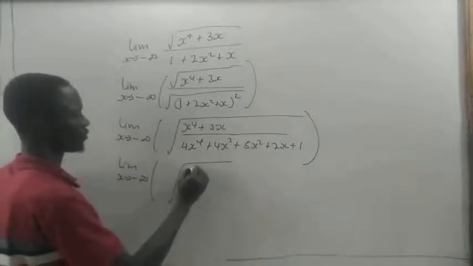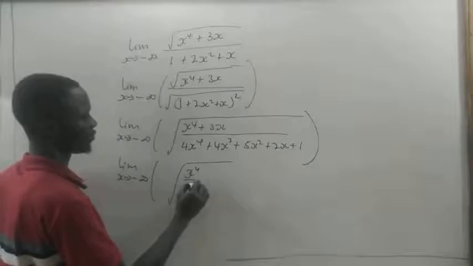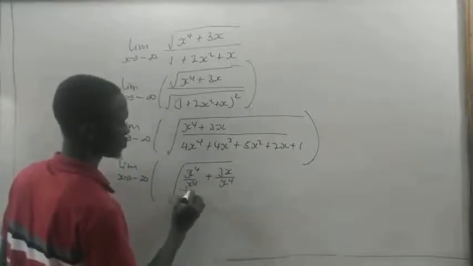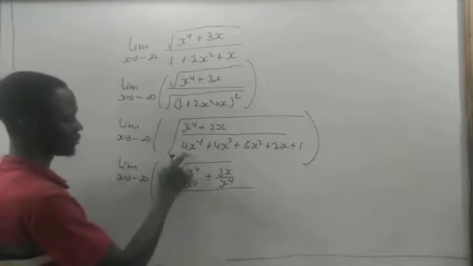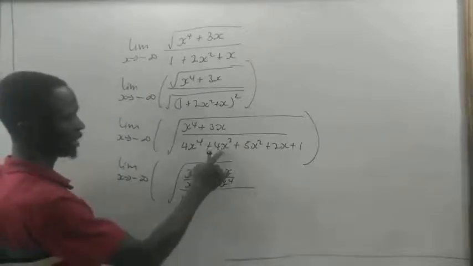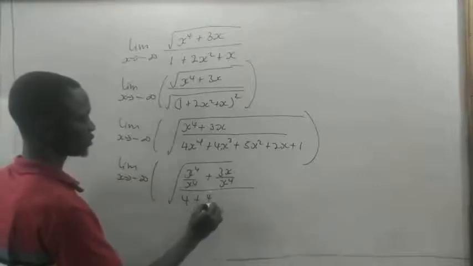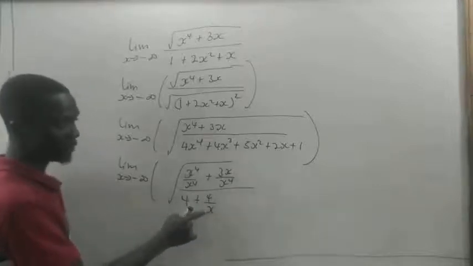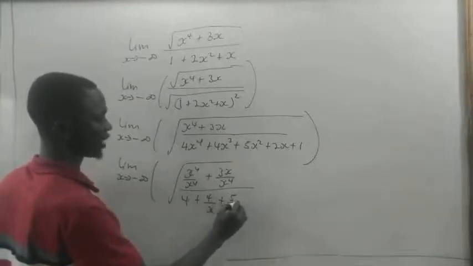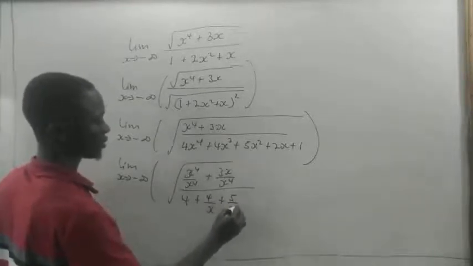Square root of x to the power 4 divided by x to the power 4 plus 3x divided by x to the power 4, all divided by, if you divide it by x to the power 4 you get 4. If you divide it by x to the power 4 you have 4 divided by x plus, if you divide it by x to the power 4 you have 5 divided by x squared.